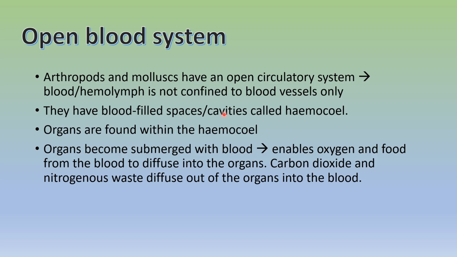In this cavity there are organs, and when the blood goes in, these organs become submerged. That means the blood surrounds these organs completely. This gives the organs the opportunity to get oxygen and food from the blood, which diffuses into them, and the carbon dioxide and waste that they produce diffuses out of the organs.